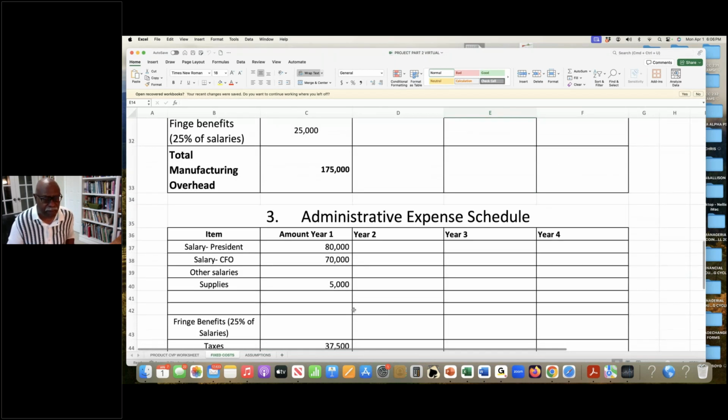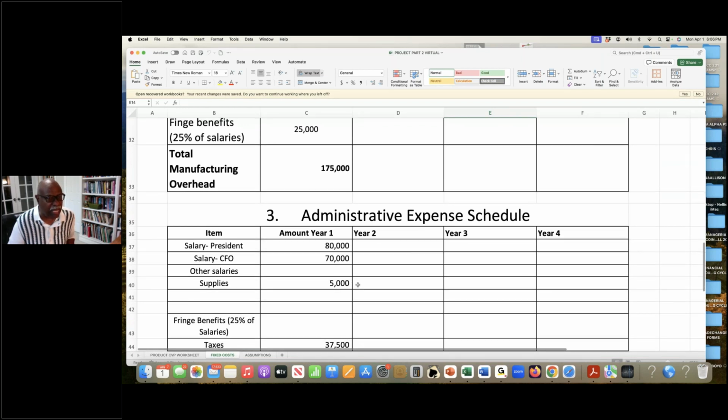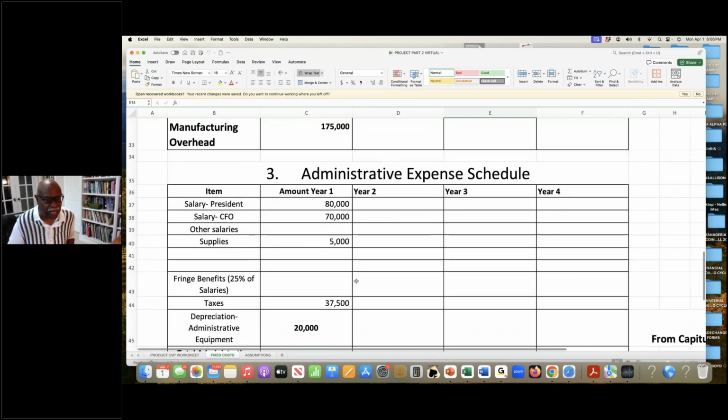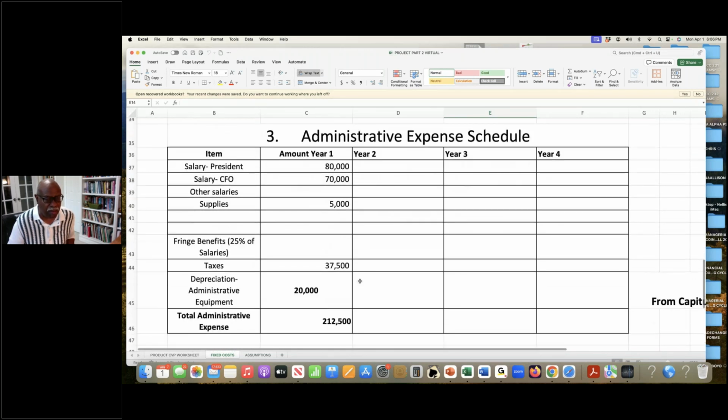With your administrative expenses, you're going to do something similar. Salary of the president, the CFO, office salaries, supplies, etc. Fringe benefits, typically 25% of salaries, taxes, depreciation.